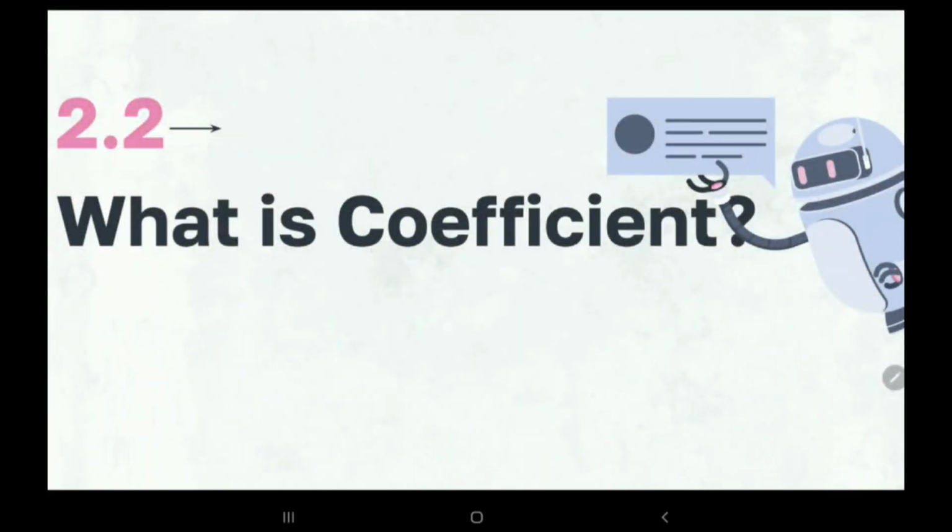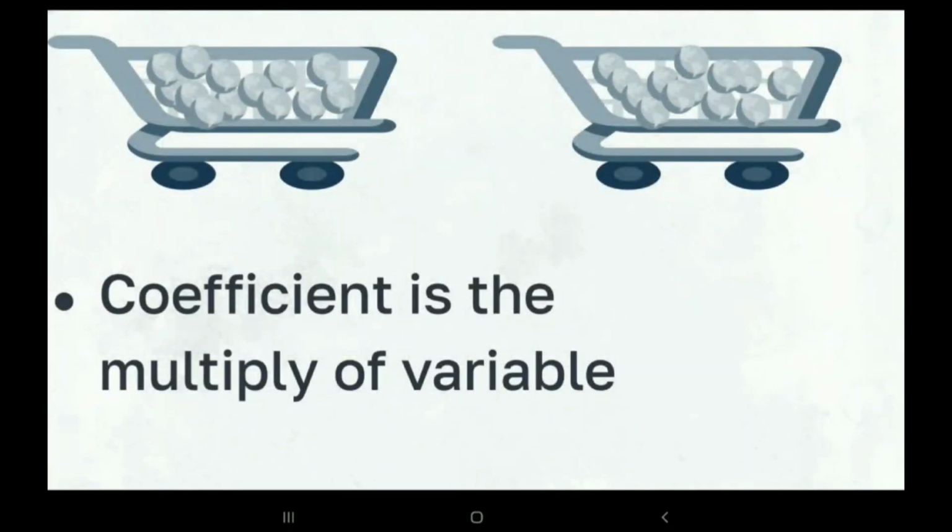Next one. So what is a coefficient? Here I have an example. If you have some amount of balls in a cart, let's just say that we don't know the quantity of the balls. Let's say there are x balls. x represents the unknown quantity, and then we also have another cart with the same amount, so we'll say x balls as well.